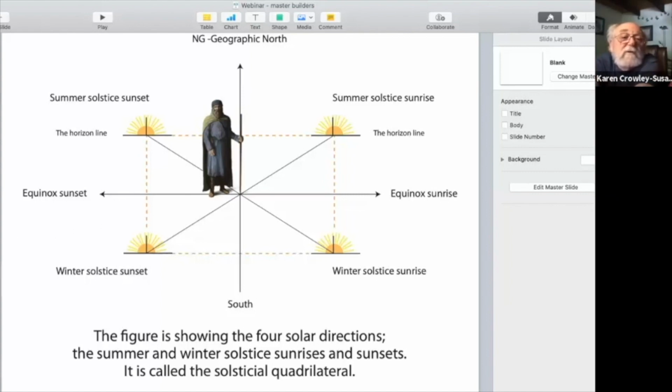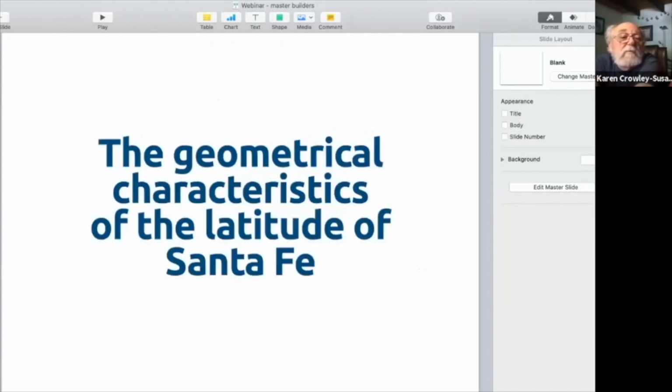After that, the master builders try to get the special characteristics of the place, because we say that each latitude has a natural geometrical characteristic, the best geometry for building instruments.